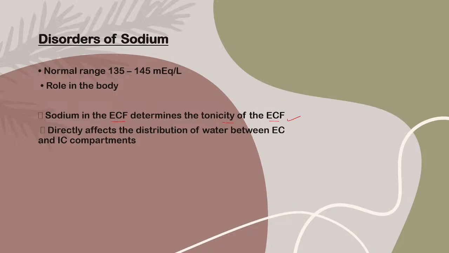So sodium is one of the important electrolytes inside the body. First it determines the tonicity of extracellular fluid, and another is it directly affects the distribution of water between intracellular and extracellular compartments.